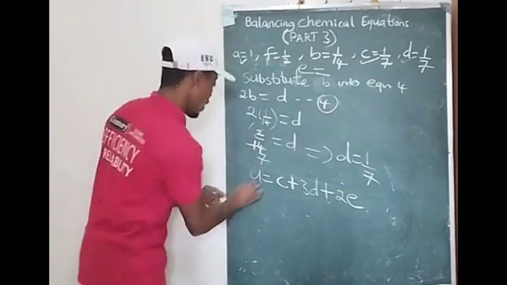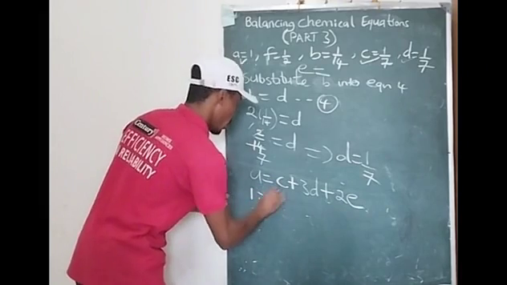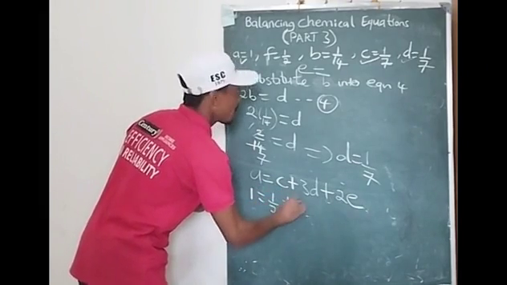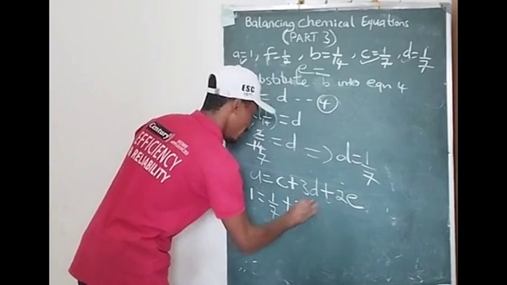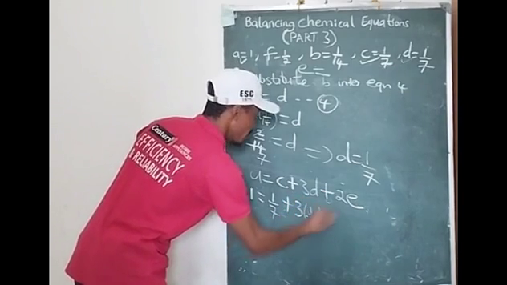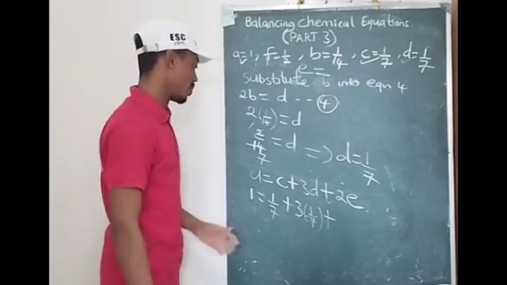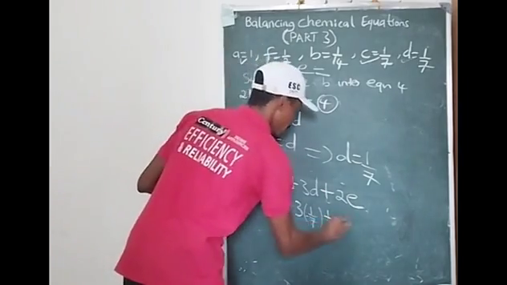So let's substitute. A is 1. C gives us 1 over 7 plus 3D, that's 3 into 1 over 7, plus 2E.